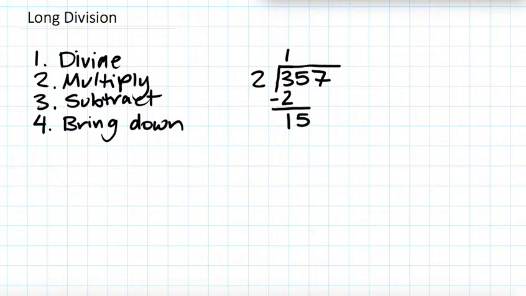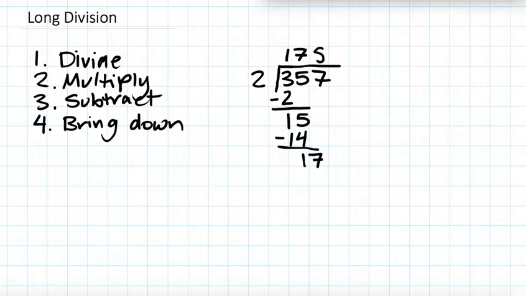So when we do long division, we start at the left side of the number and work our way to the right. And then I repeat the process. So I say 2 goes into 15, how many times? Well, I know that 2 times 7 is 14. That's the most that it can go in. So 2 times 7 is 14, write that underneath. Then I subtract, I get 1, and then I bring down the 7. And then I say 2 goes into 17, how many times?